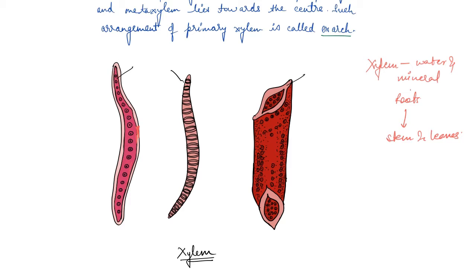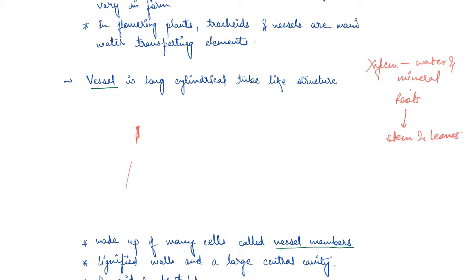Now, what are vessels? Let's see that. Vessels are long cylindrical tube-like structures. If I draw a structure something like this, basically this is a tube, elongated, cylindrical, right?